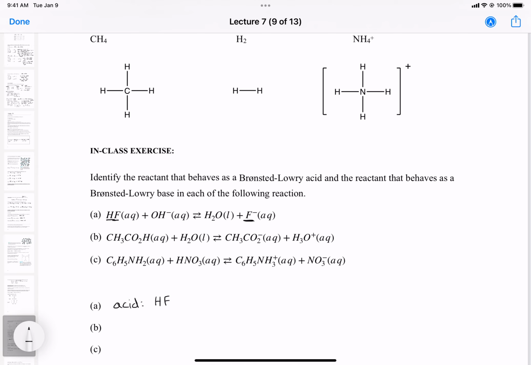And then if we look at the base, the other molecule must be the base, right? Hydroxide has a negative charge, so it has a lone pair that can accept a proton. If we compare OH to H2O, even though they're in different places, they are related by a proton, so the base is going to be OH minus.